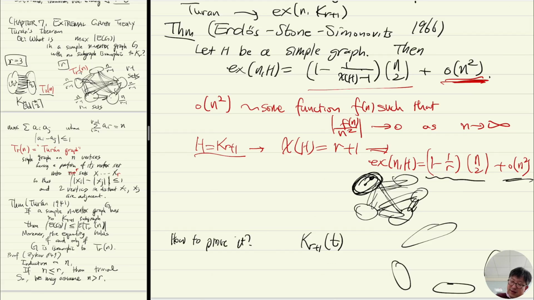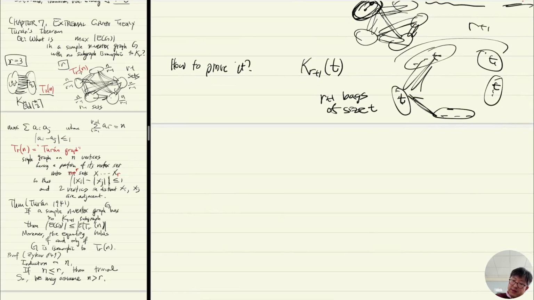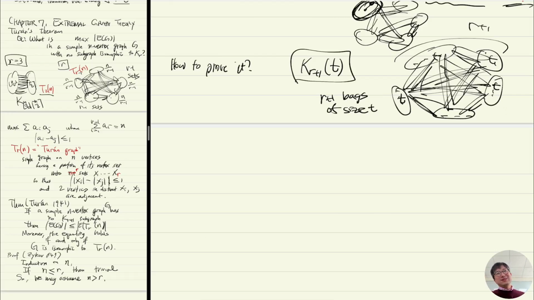That's a graph where you have r+1 blocks, each of size t, and between them it's complete. In other words, you start with the complete graph on r+1 vertices and replace each vertex by an independent set of size t. That is K_{r+1}(t).